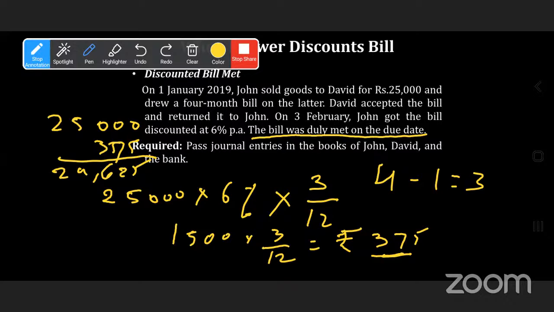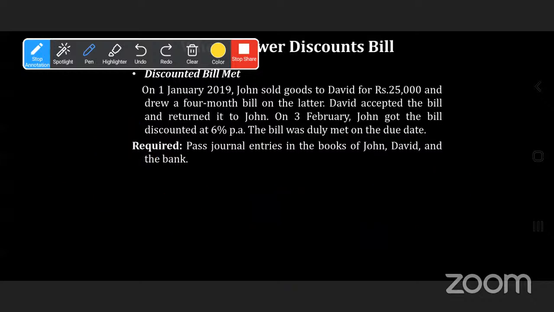Shall I proceed? Journal entry: bank account debit. Based on these calculations, I'll be giving the amount. February 3rd, you have to mention the date.